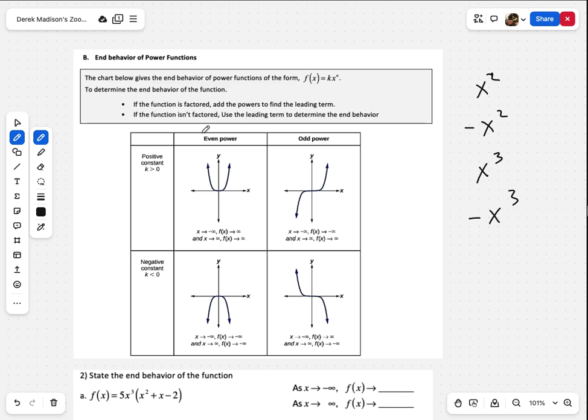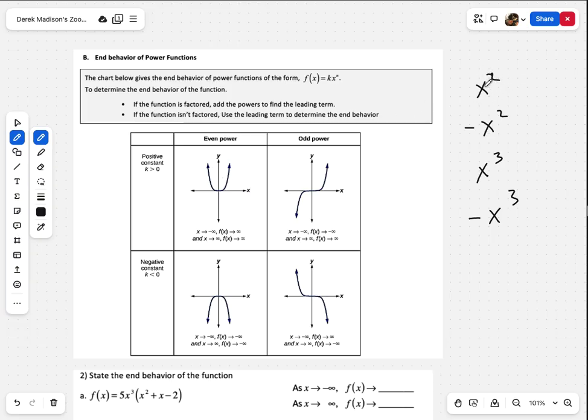I'll do a little bit more with what this says down here, but let me stick with this box for a second. So if I have an even power and then k greater than 0, so in other words, what I would call positive even, it's going to look like an x squared.